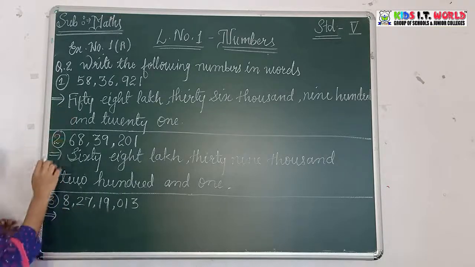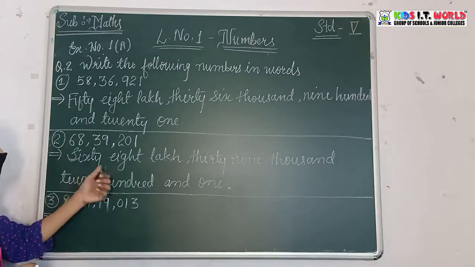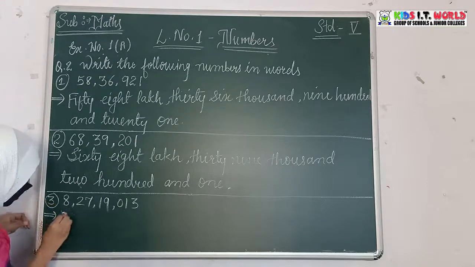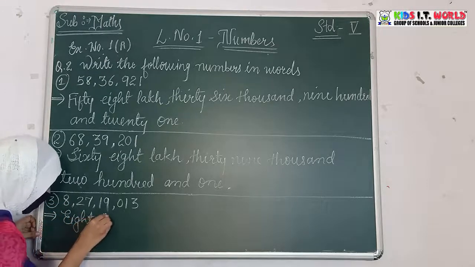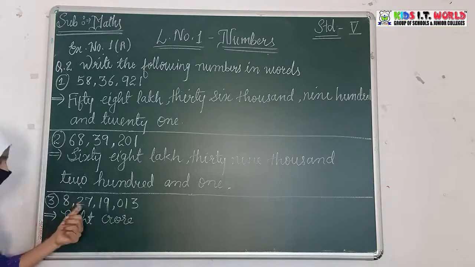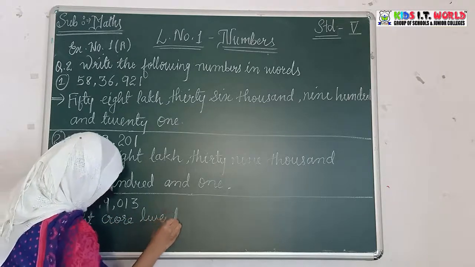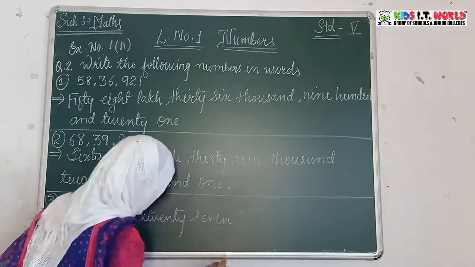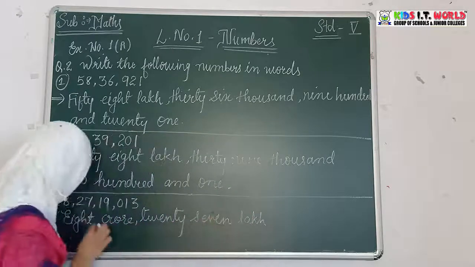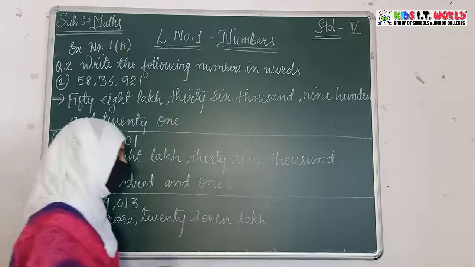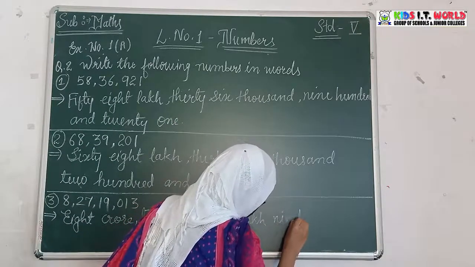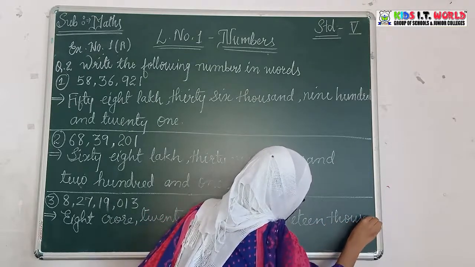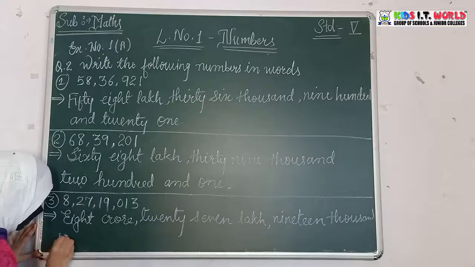See, it is different from these two because here the numbers are starting from the 10 lakhs, but here the number is starting from the crore. So it is 8 crore, 27 lakh, 19,030.